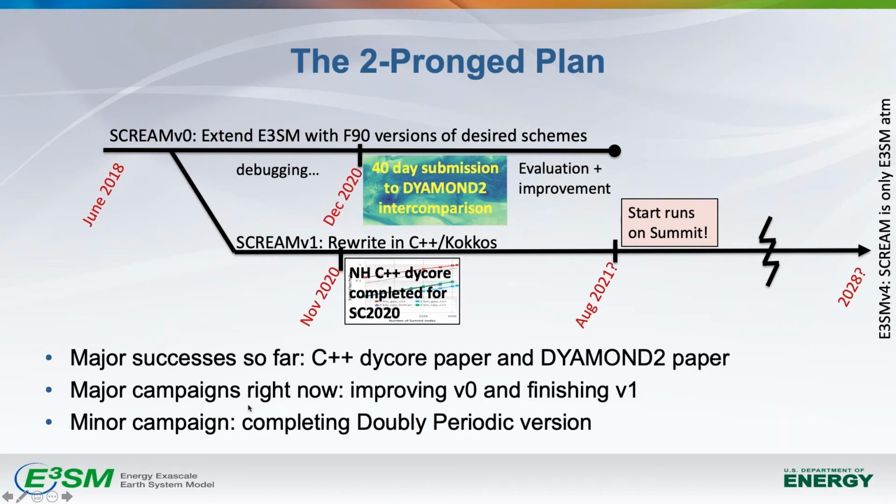The major campaigns we're working on right now: now that we've done this simulation with the Fortran version of the code, we've seen some things that we want to improve, and we're working on doing that. Then we're going to do another 40-day simulation. So that's one effort.